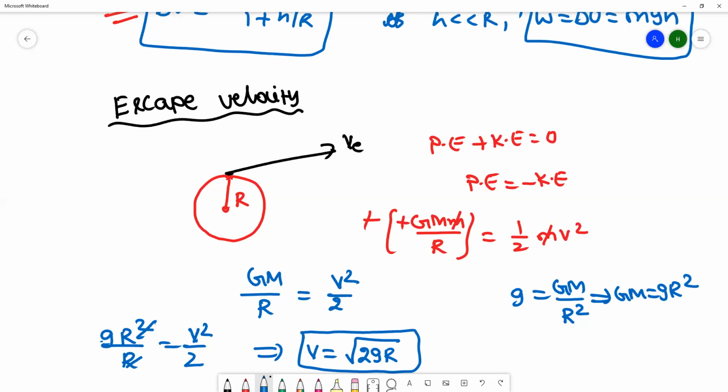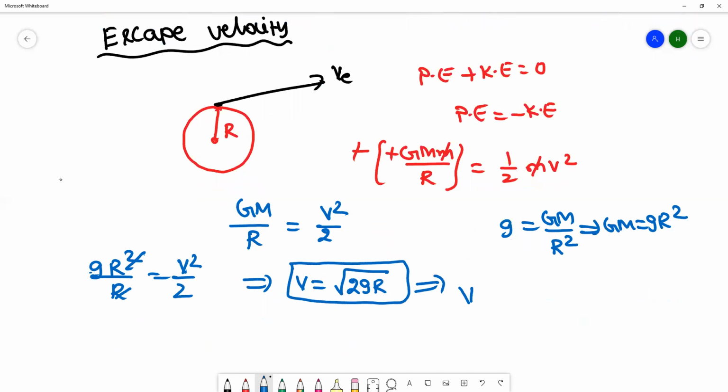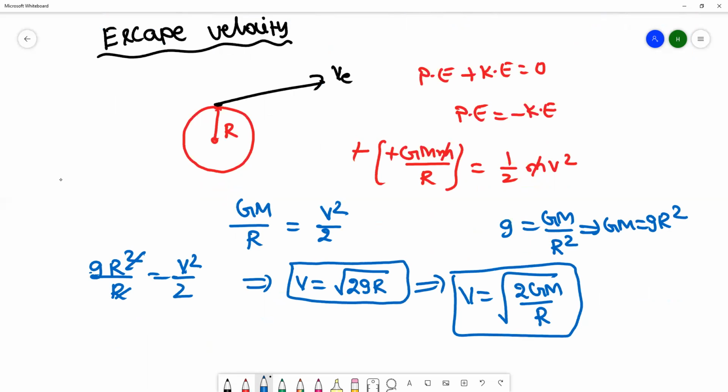Otherwise, if we write in terms of capital G, we can write V is equal to square root of 2 into G into M divided by R. Both are correct.